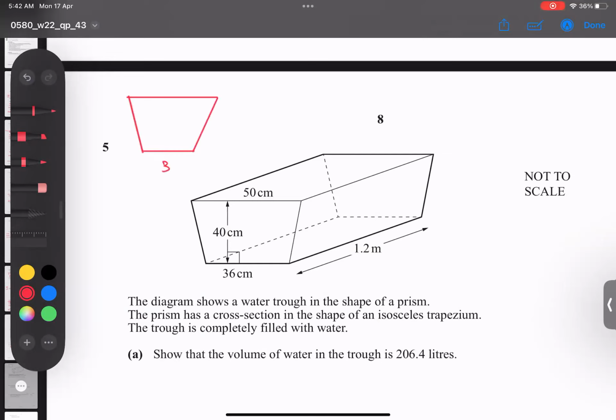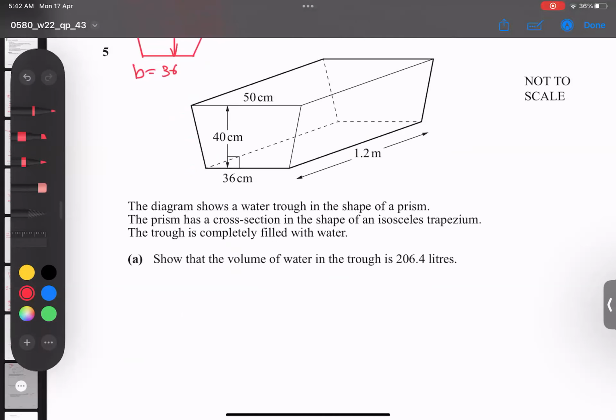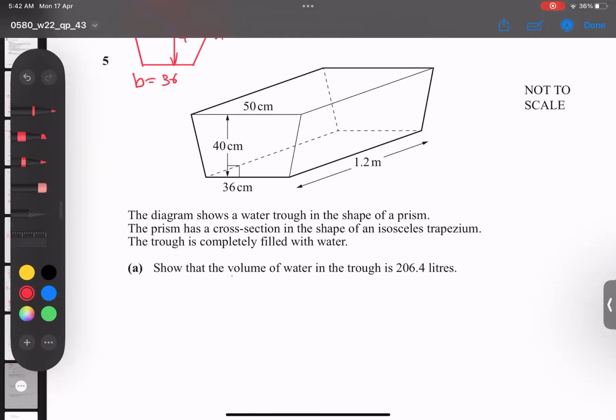This is 36, this is 50, and this gap given is 40. This is always taken as the height. This is always taken as A, this becomes B. So what the question is asking, show the volume of water in the trough is this much.